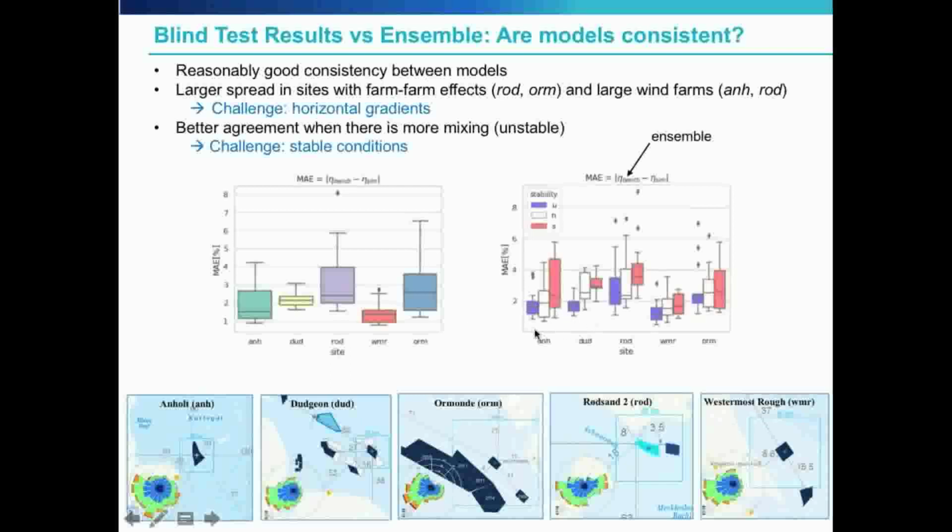When you segregate these results into stability classes, you can see that the larger differences are when you have stable conditions, and also when you have large gradients in the wind resource. So somehow the gradients are still affecting how the models see the array efficiency.